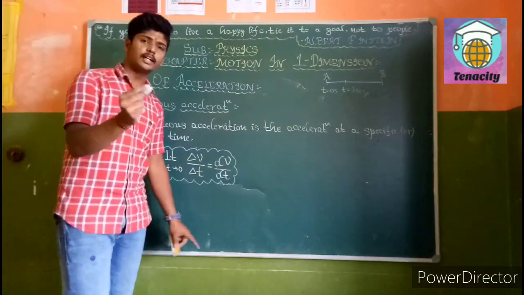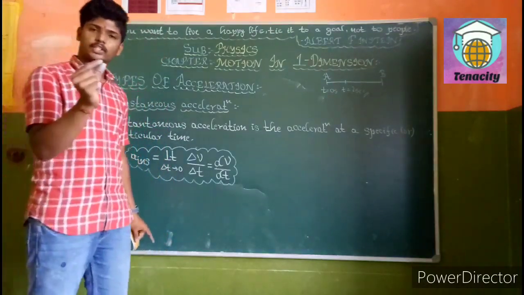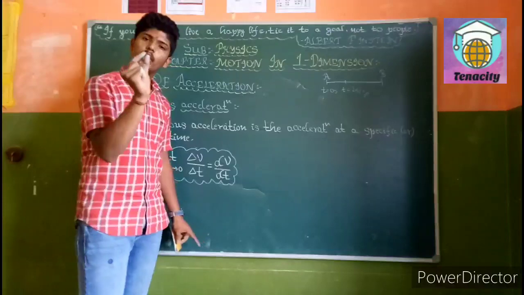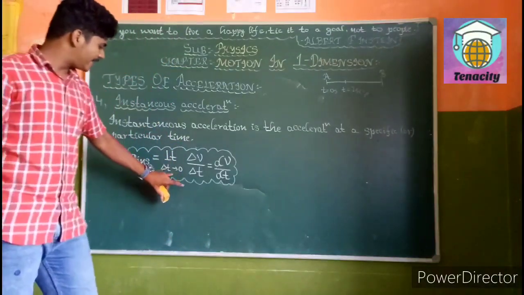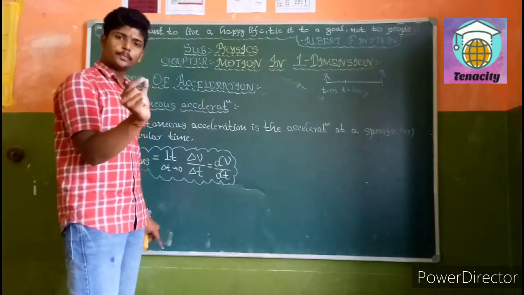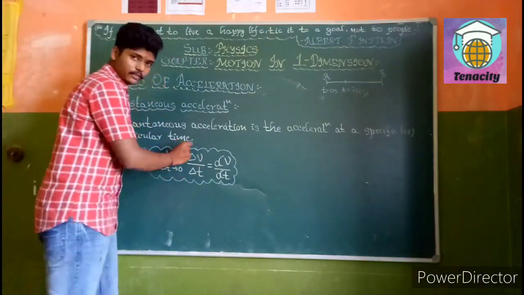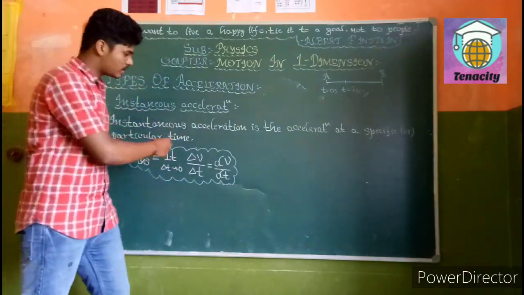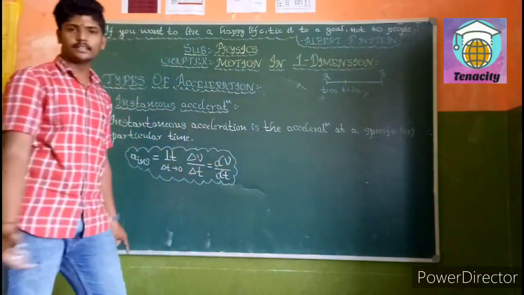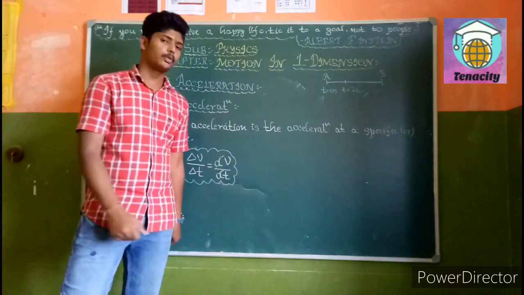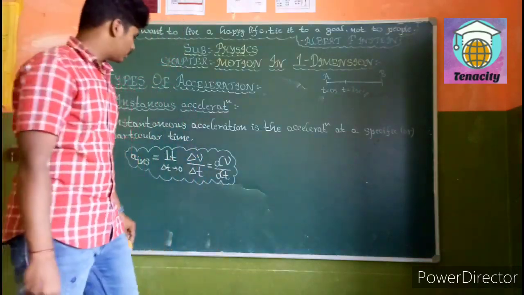Because we are calculating the acceleration at a very small interval of time. So when delta t is tending to 0, we get the change in velocity. That change in velocity we call instantaneous acceleration.